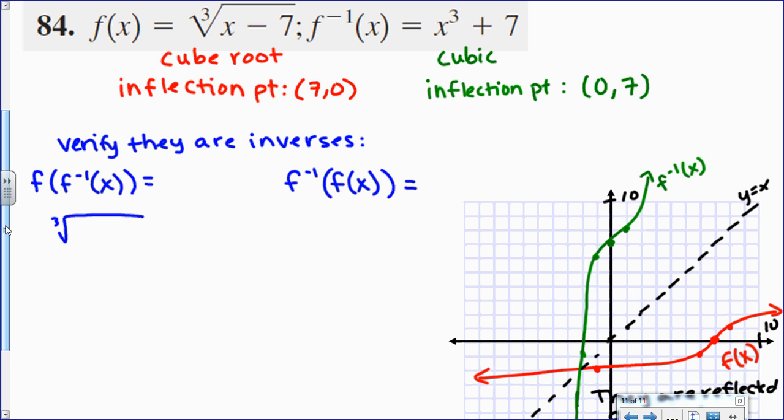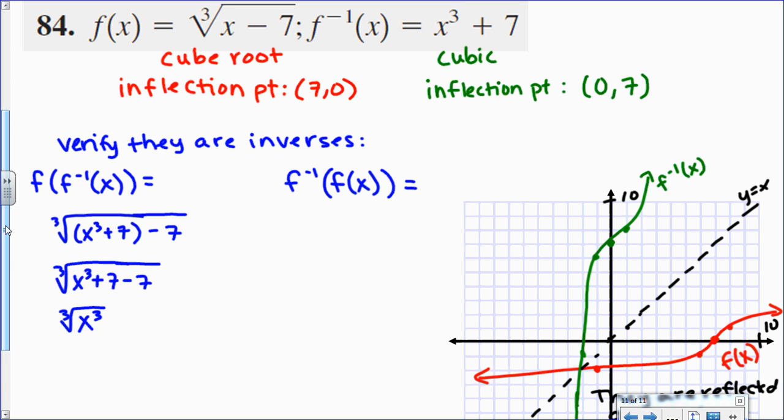So I'm plugging in x cubed plus 7 into the cube root of x minus 7. I'm just subtracting so I can remove my parentheses. Seven minus 7 is 0.